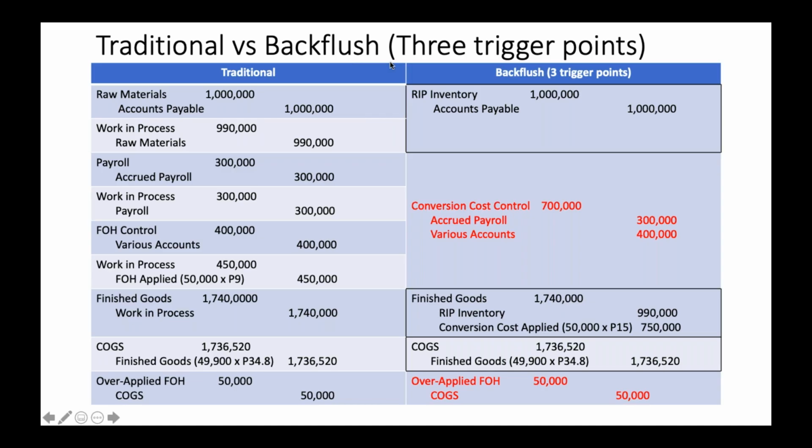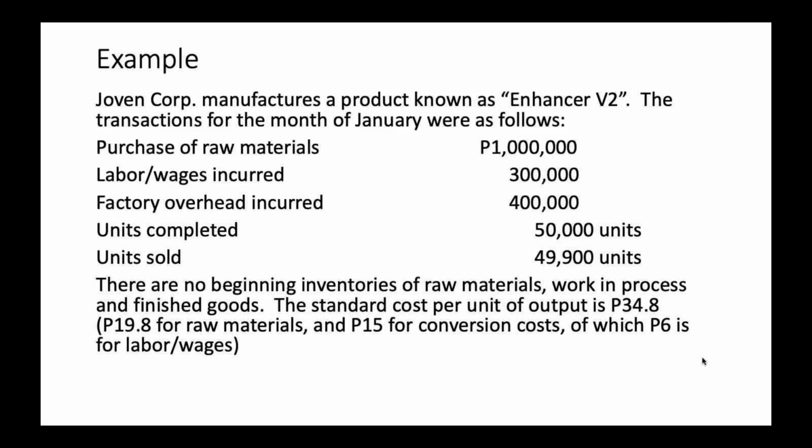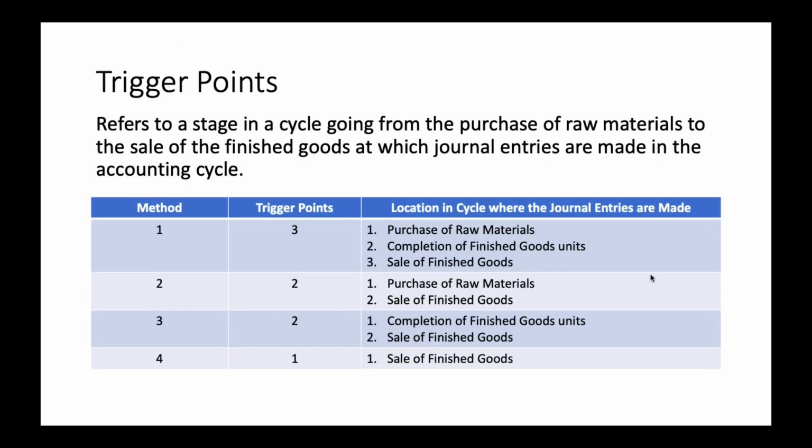Here we will give an example for a 3 trigger point backflush costing system. The trigger points would be upon purchase, upon completion, and upon sale. Let me flash back the previous slide so that you will be reminded of the 3 trigger points: purchase, completion, and sale of finished goods.